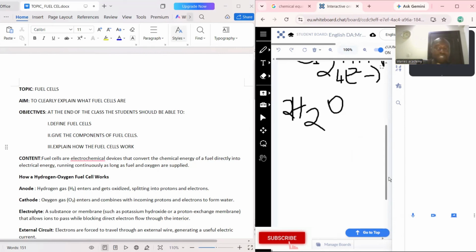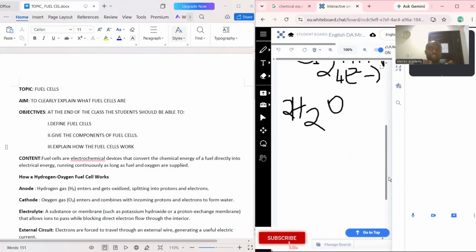There's always an electrolyte present in a given fuel cell, like the case of the hydrogen-oxygen fuel cell. The electrolyte can be, for example, potassium hydroxide solution, or one that serves as a proton exchange membrane. And this allows the ions to flow while blocking the direct electron flow through the interior. So that is another component of your hydrogen-oxygen fuel cell.